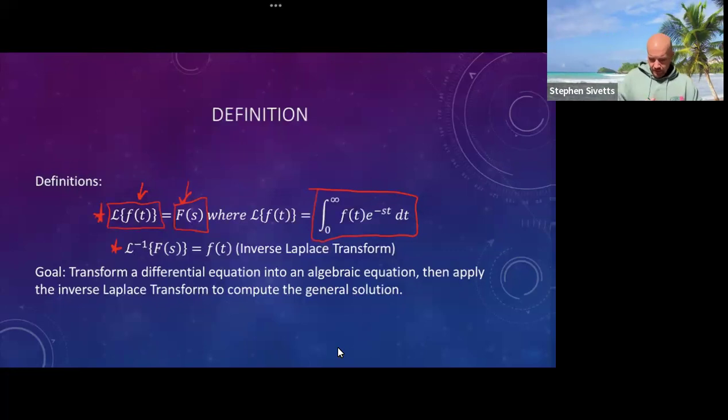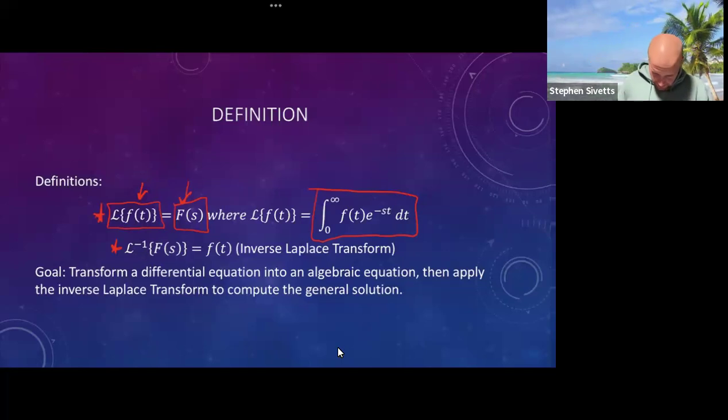Inverse Laplace transform, you just take the function in s and you transform it back into a function in t. So the goal here is we're going to use a Laplace transform to turn a differential equation into an equation that is algebraic, into an equation that has s's in it, and we'll be able to solve for the general solution. Okay.